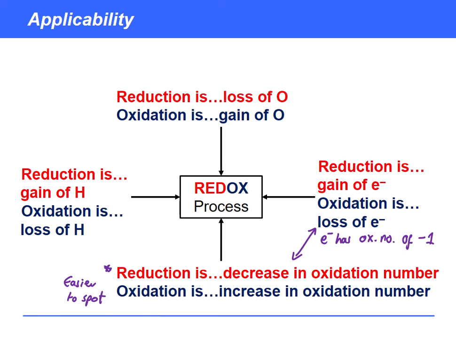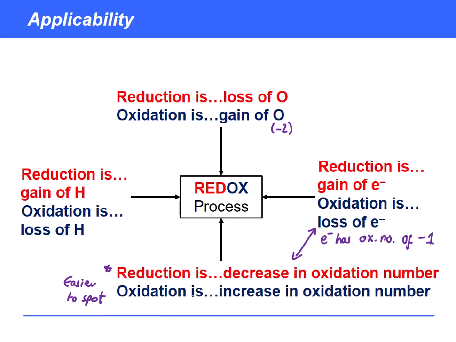We can also see, using oxidation numbers, why the others must be the way they are. So oxidation is gain of oxygen. Now oxygen, when it's gained, ends up with a -2 oxidation number. So if you're gaining again something negative, you must have increased your oxidation number in order to compensate for that.